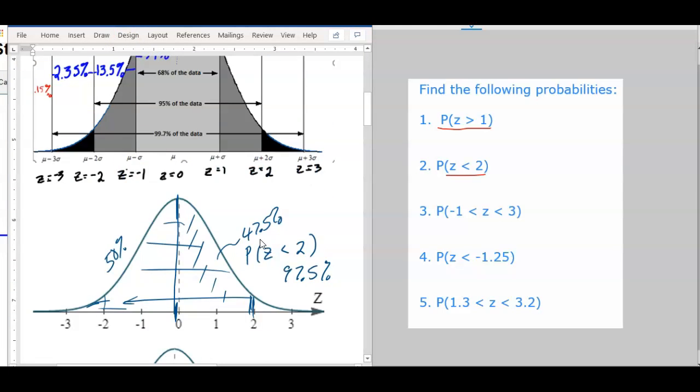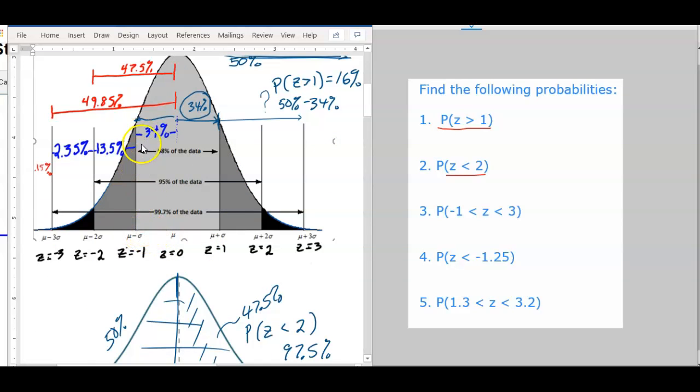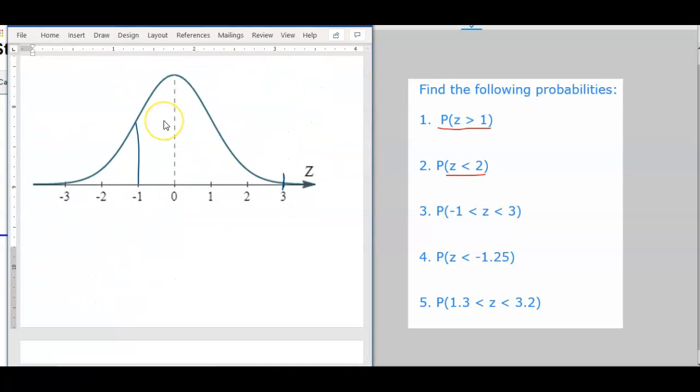So again, this is a fairly easy problem as well, because we're going from -1, that's over here, to +3, that's over here. And so if we use these values that we have up above, from -1 to the mean, just this section in here, we already know that's 34%. And then we have to add on this region over here to the right.